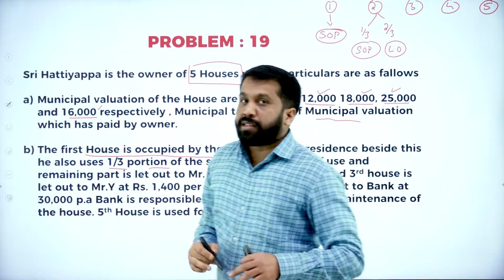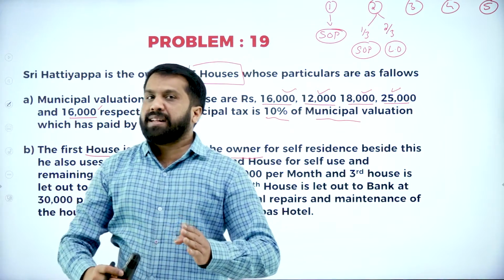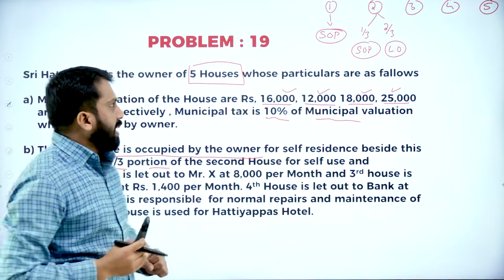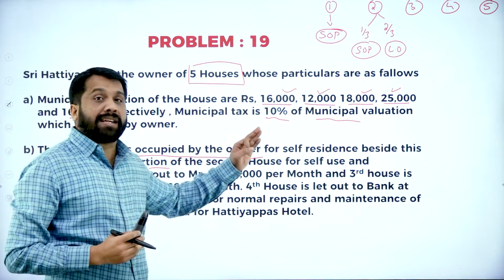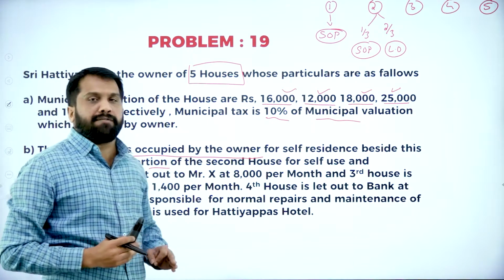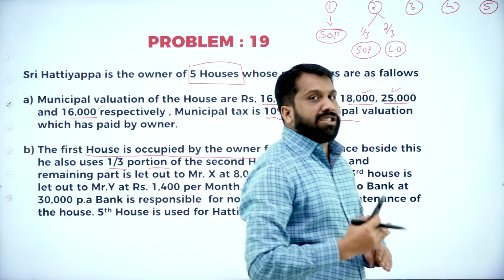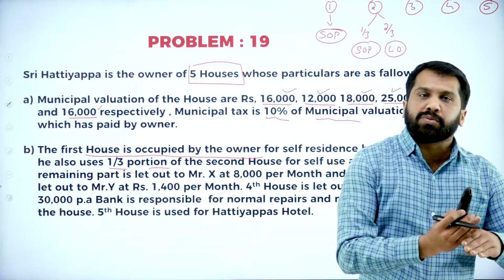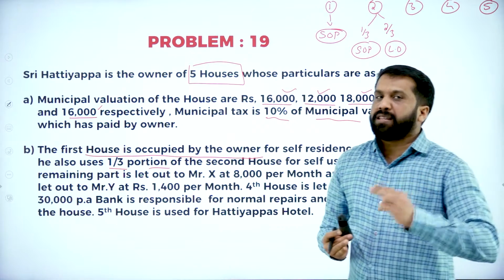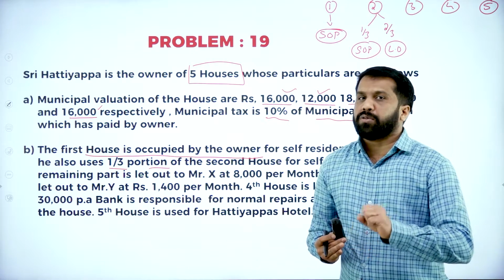Hope you are clear. So, the first house is completely self-occupied. The second house is let out as well as self-occupied. If 1/3 of the house is self-occupied, the balance is 3 minus 1, which is 2. 2 by 3 will be called let out property.